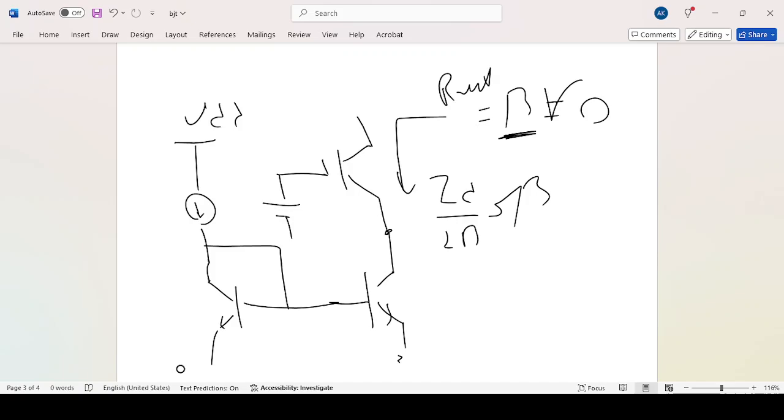There is a nice thing to mention here. At the beginning of this tutorial I mentioned that this is not a good thing to do, to add a voltage bias at the base of the BJTs, because of the reason that I mentioned.